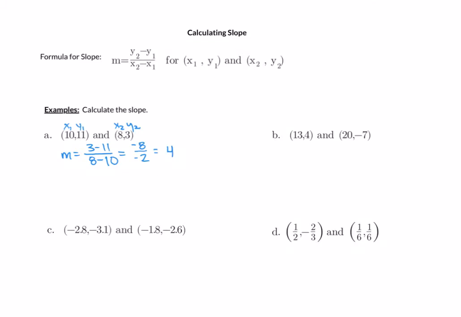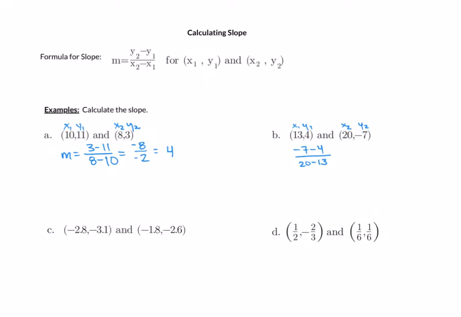All right, let's try one more basic one. Same thing, I'm going to go ahead and label my first point as x1, y1, and my second point as x2, y2. So we want to subtract the y values. We get negative 7 minus 4 over, subtract the x values, 20 minus 13.